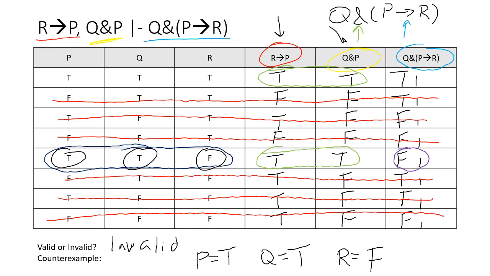It's just identifying where in the truth table is the instance in which all the premises are true and the conclusion is false. And that's all you have to do once you get to the invalid. Finding the counterexample is not bad because all you got to do is just look at your key and just copy the values that are in that row for each of those letters.